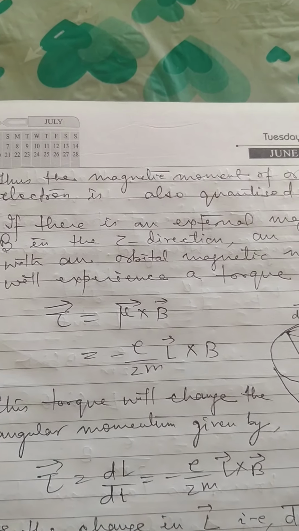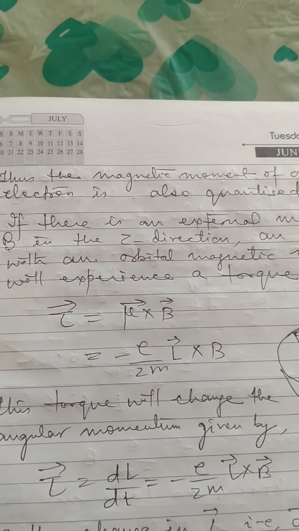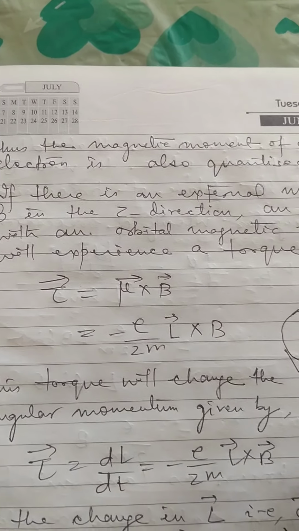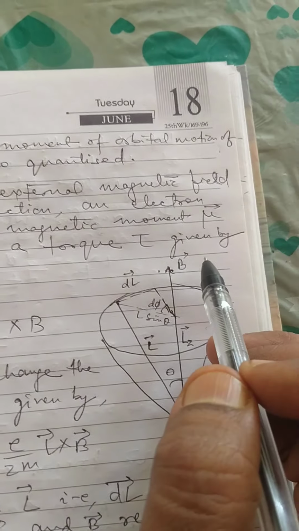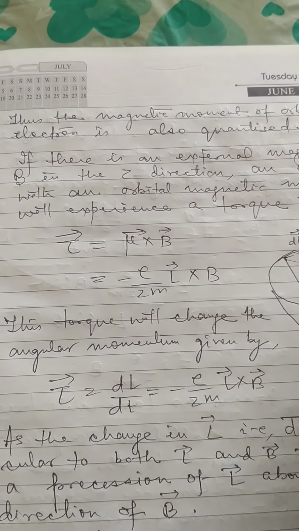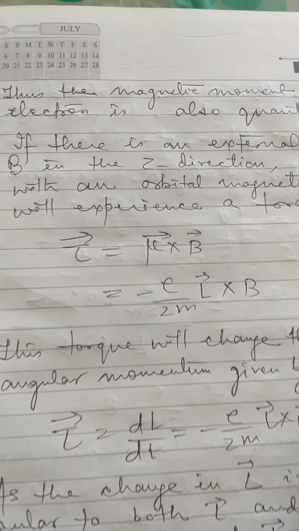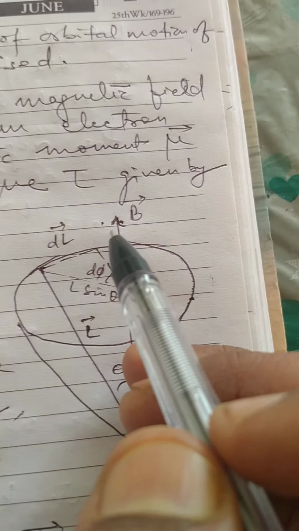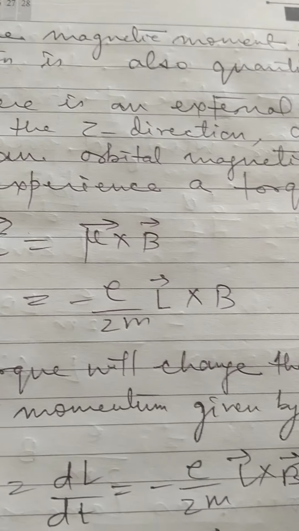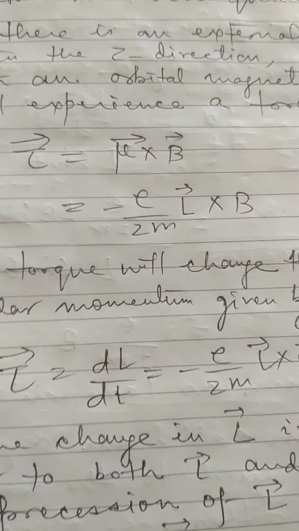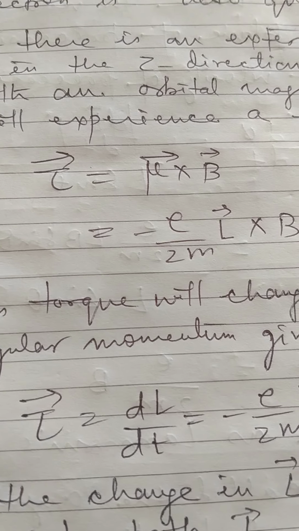Now suppose there is an external magnetic field applied in the direction of z. An electron with an orbital magnetic moment mu will experience a torque tau given by tau is equal to mu cross B. Then what will happen?